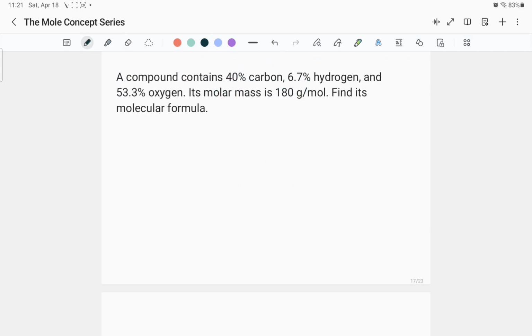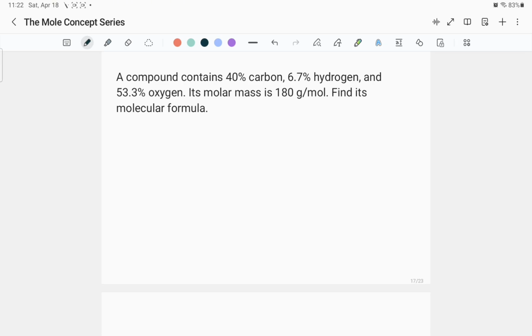In this question, we read: a compound contains 40% of carbon, 6.7% hydrogen, and 53.3% oxygen. Its molar mass is 108 grams per mole. Find its molecular formula. In order to find the molecular formula of something, we must find the empirical formula if the empirical formula is not given.